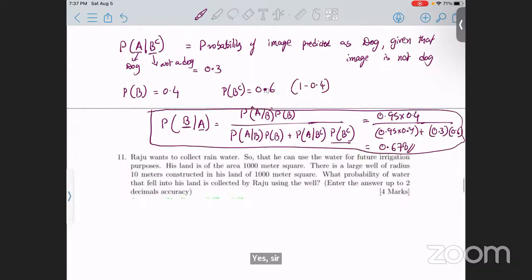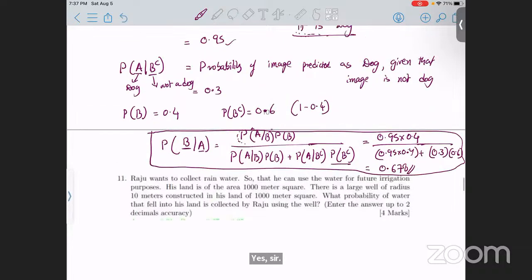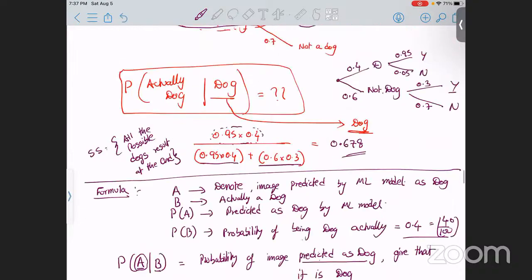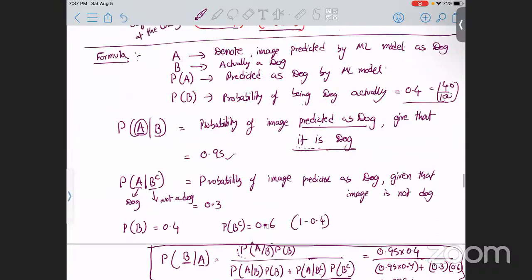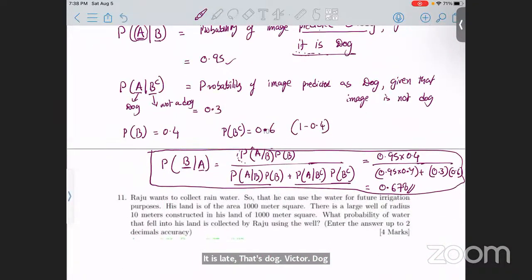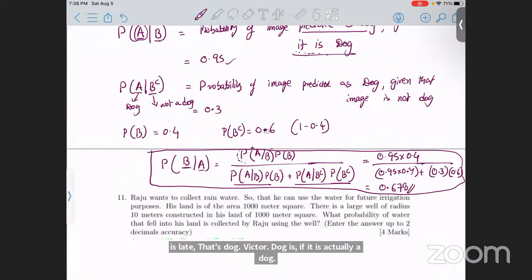Always see the possibilities: A by B and A by B complement. Dog is predicted by the ML model if it is actually a dog, and dog is predicted by the ML model if it is not a dog.